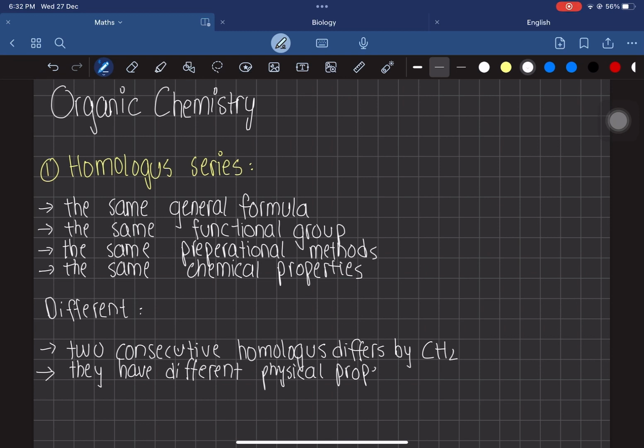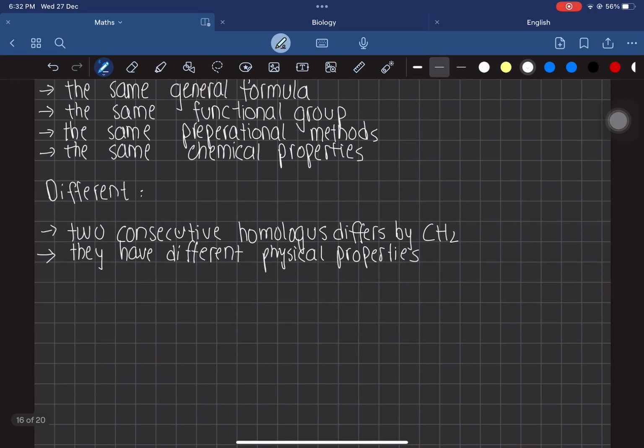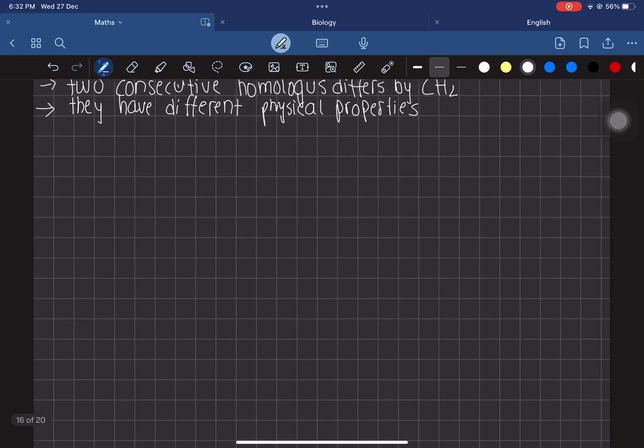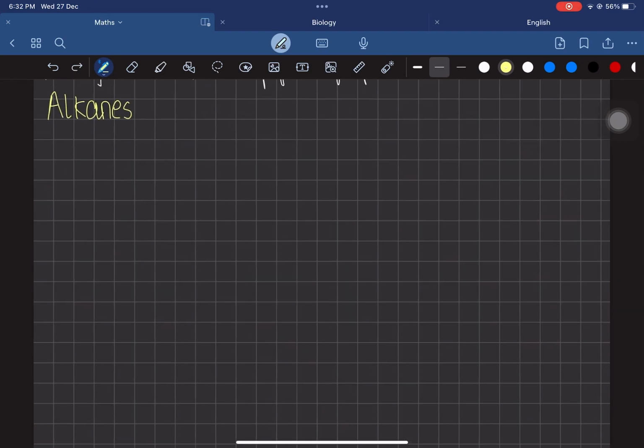Now let's talk about alkanes. So alkanes are those hydrocarbons which contain only carbon-carbon single bonds.